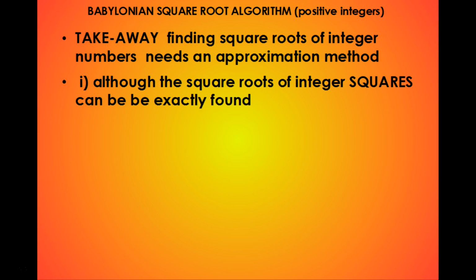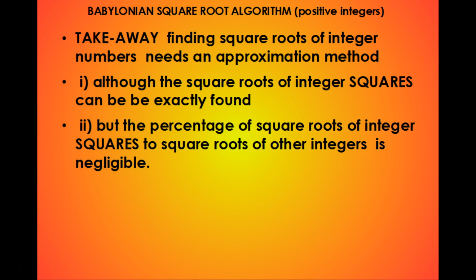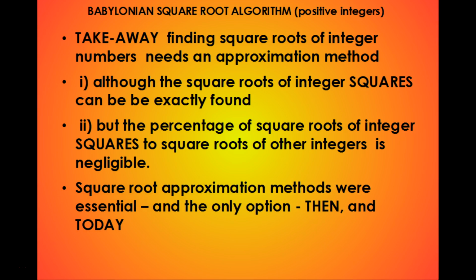And although square roots of integer squares can be exactly found and written down, the percentage of these square roots of integer squares to square roots of other integers is negligible. So square root approximation methods were essential and the only option really to the Babylonians and today.